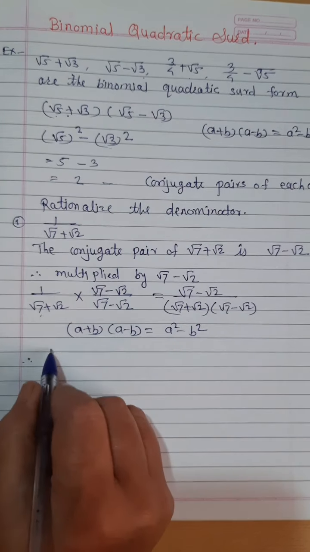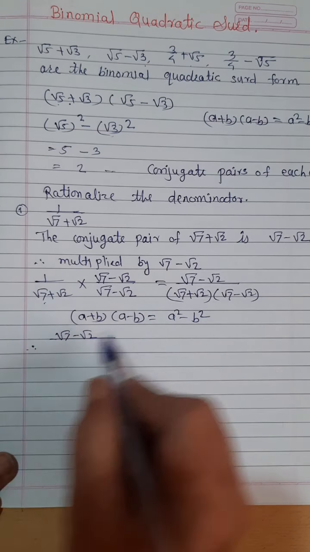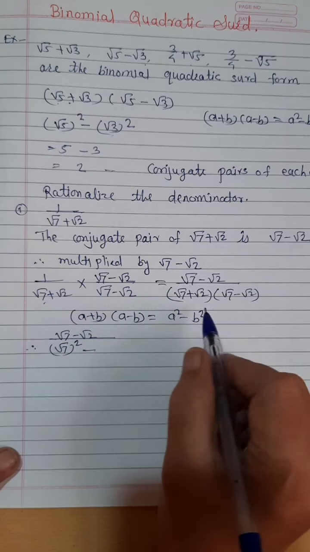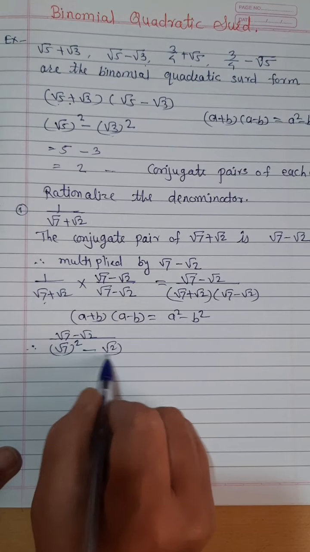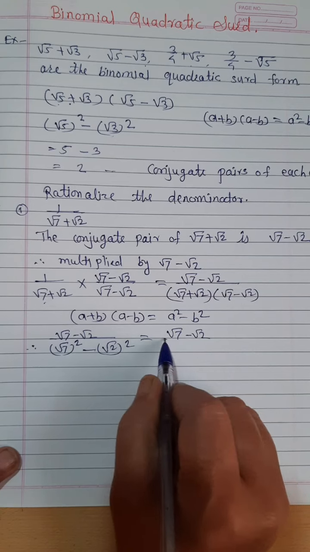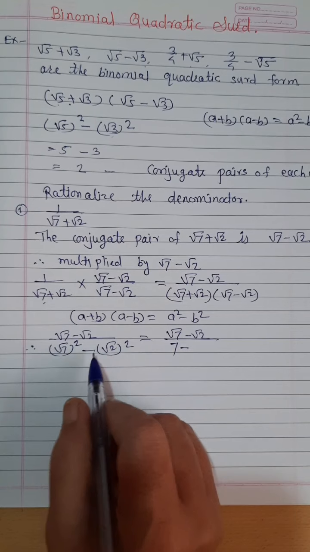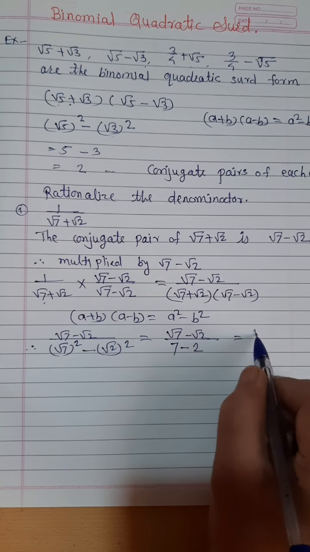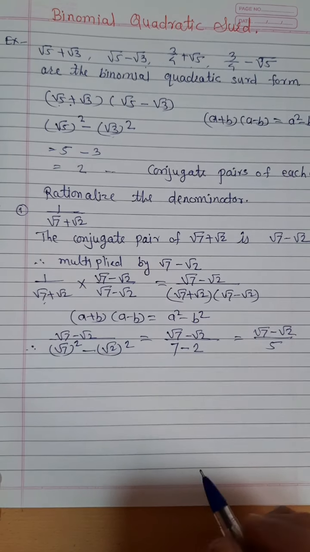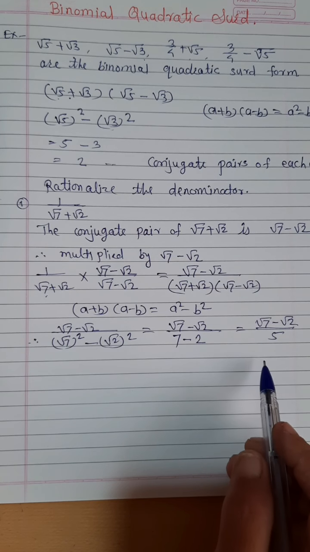Root 7 minus root 2 upon a square, that means root 7 square, minus b square means root 2 square, is equal to root 7 minus root 2 upon 7 minus 2, which is 5. 5 is a rational number, therefore we rationalize the denominator.